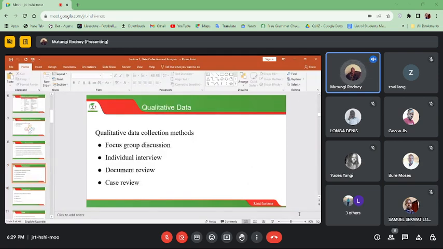So in qualitative, if you're collecting text, audio, video, images, that data which might not be given a number, which we are calling qualitative data, you can use focus group discussions, you can use individual interviews or key informant interviews. So it can be a key informant interview whereby you're going to ask questions of an individual who is thought to know more about a topic.